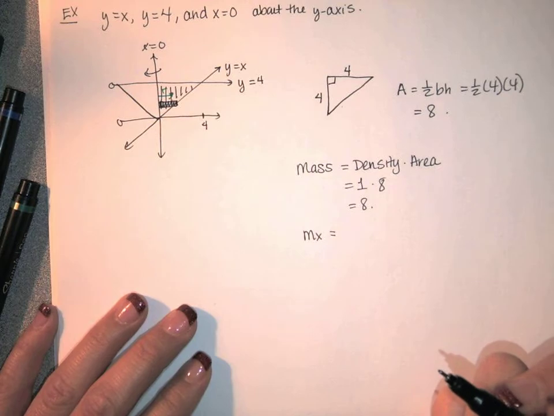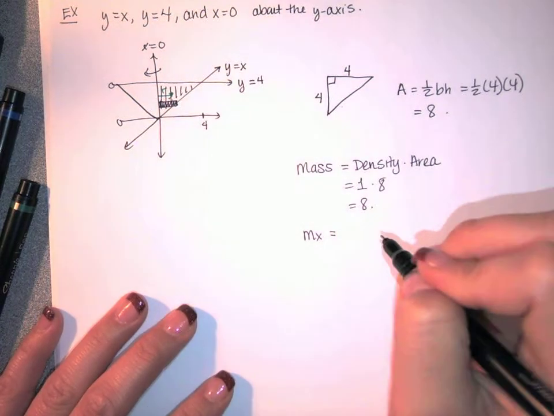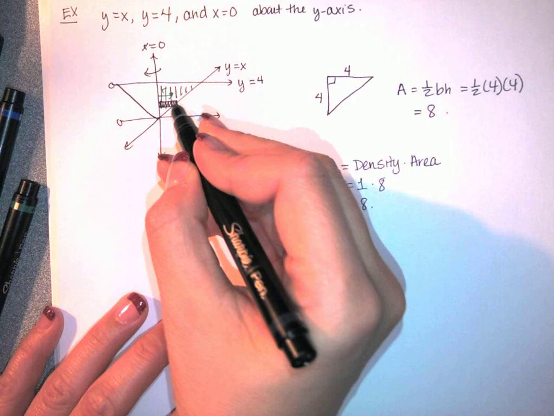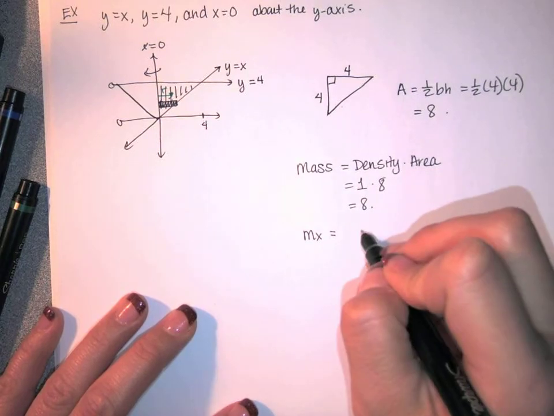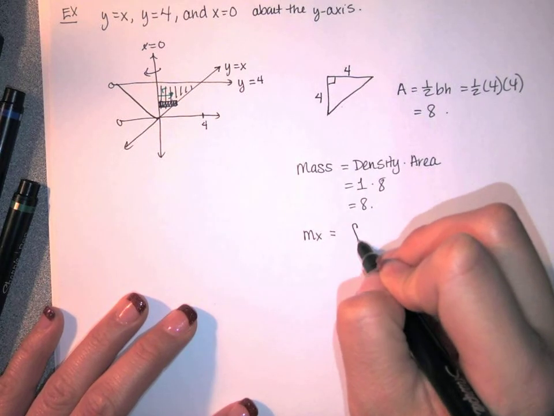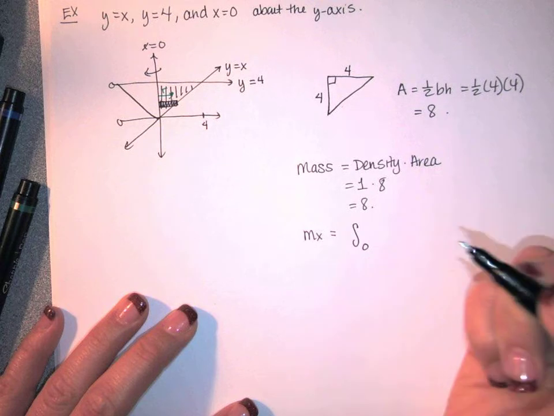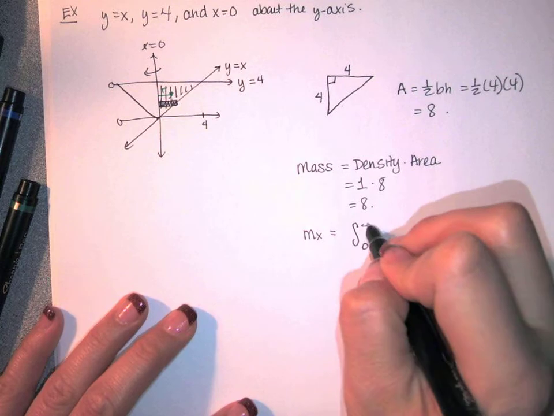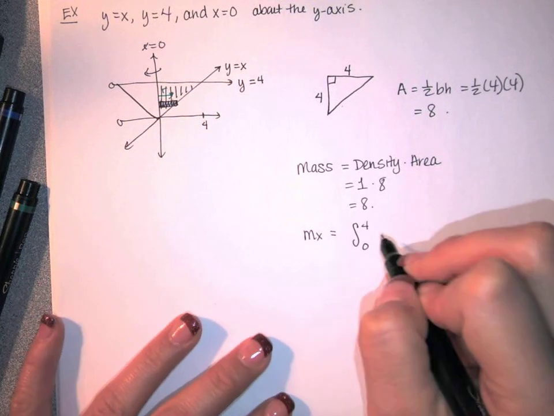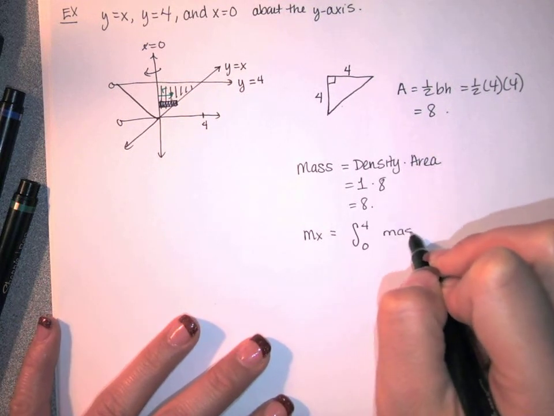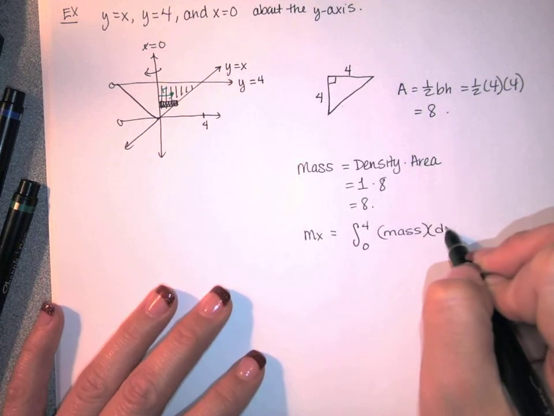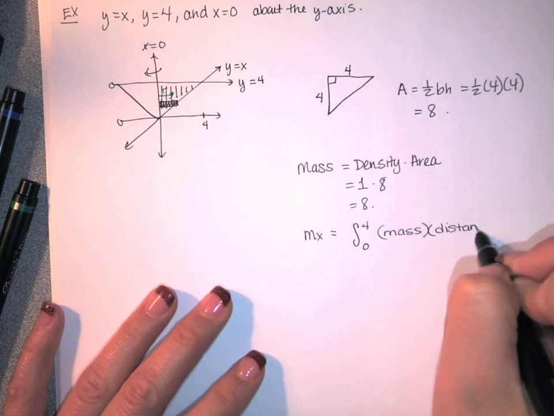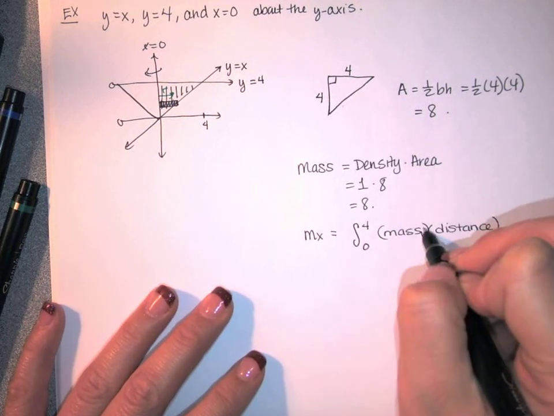The moment about the x-axis comes from taking the mass of this guy, and the mass is density times area. We're going to integrate from y equals 0 to y equals 4. So I need mass times distance to the x-axis, essentially.